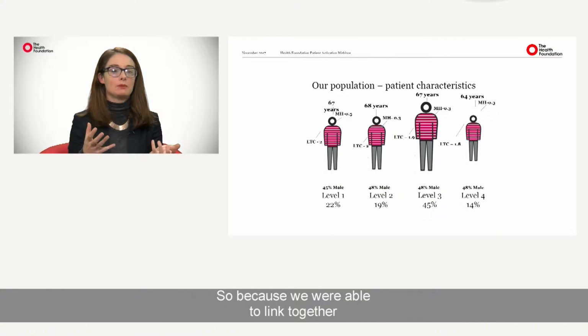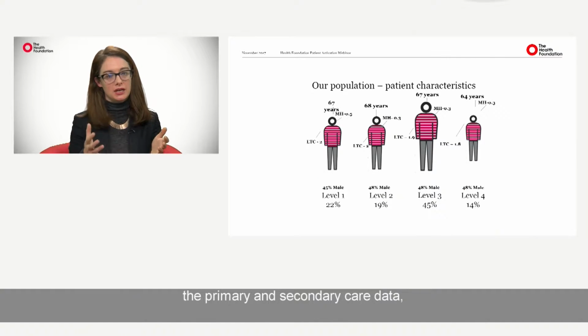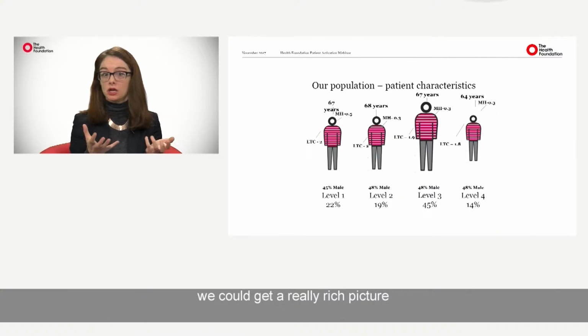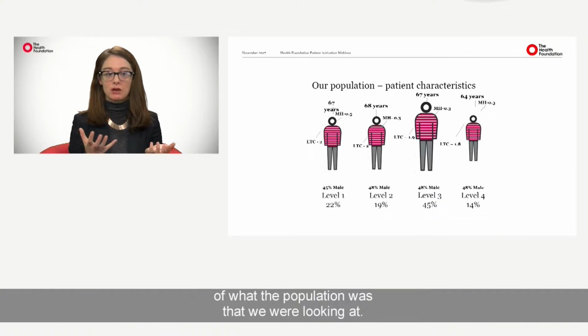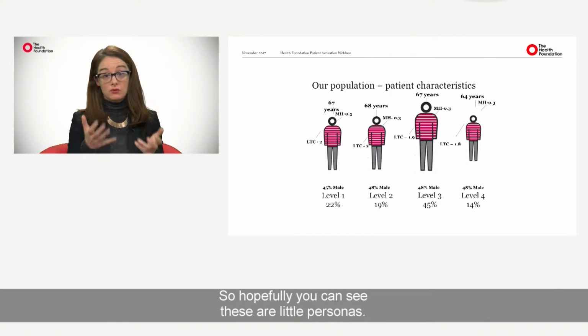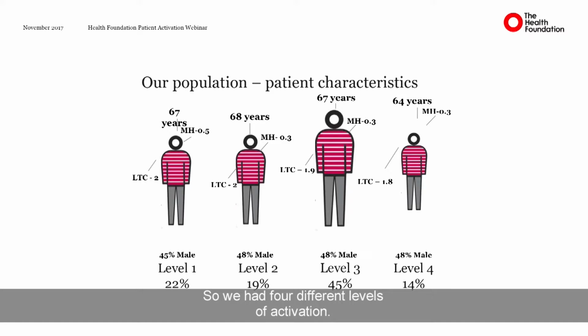Because we're able to link together the primary and secondary care data, we could get a really rich picture of the population we were looking at. Hopefully you can see these are our little personas. We had 4 different levels of activation. We had a relatively young population of people with chronic disease, quite multimorbid, so most people had at least 2 long-term conditions.